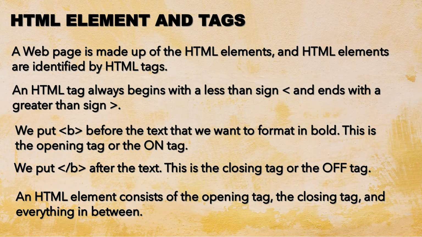So to make the text HTML tag bold, we are going to type the following in the text editor. When you view the web page in a browser, the text will look like this: HTML tag in bold. An HTML element consists of the opening tag, closing tag, and everything in between.